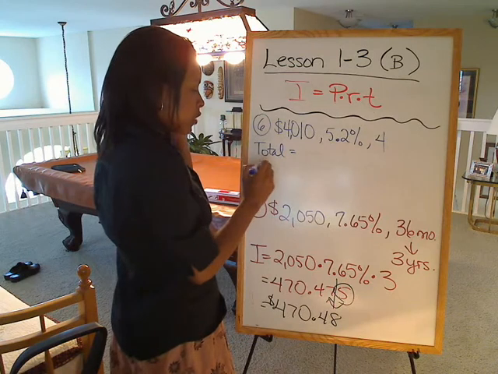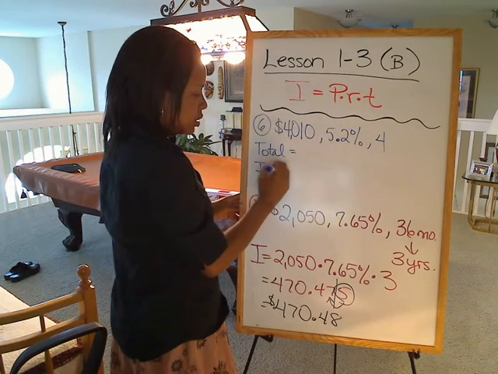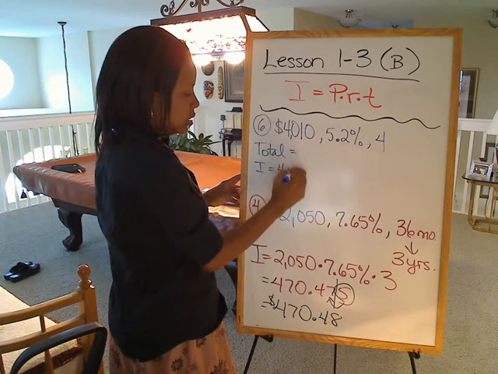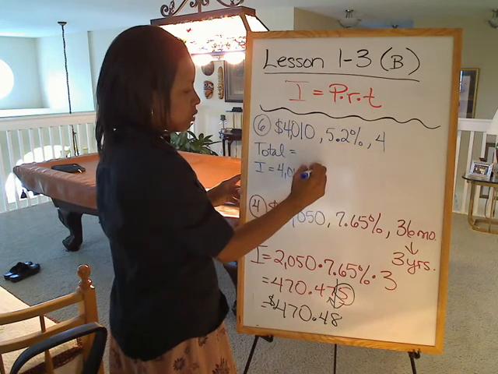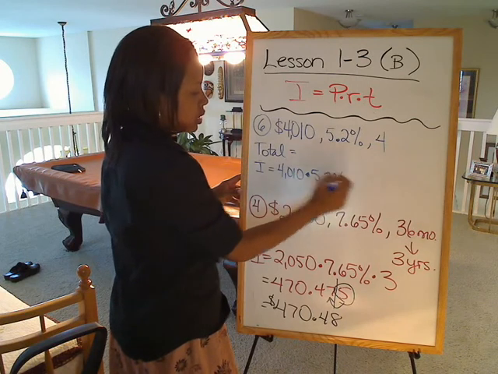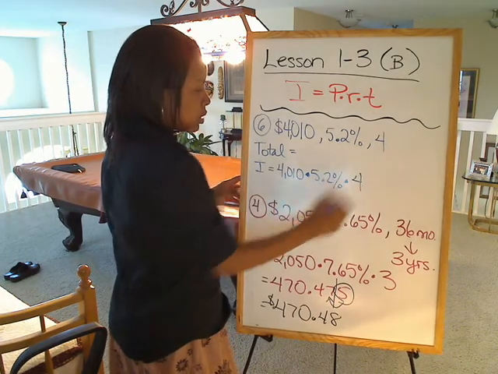Okay, so first of all, let's find the interest. The interest equals the principal, 4,010, times the rate, 5.2%, times 4, the number of years.